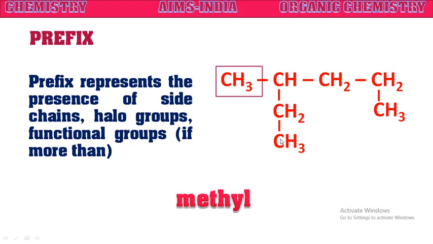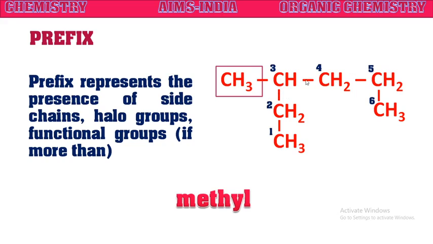But we have to select the method in which the carbon atom with the side chain gets the lowest number possible. If we give numbers from right to left, the carbon with the methyl group gets number 4. If you give numbering from left to right, it gets number 3. So numbering from left to right is correct for this hydrocarbon.